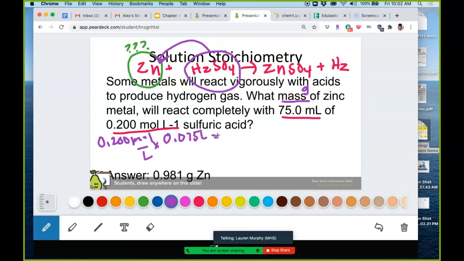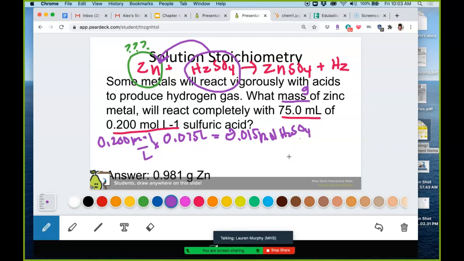What does that get us? How many moles? So this is 0.015 moles of, now remember these two numbers belong to sulfuric acid. So now I'm in moles.